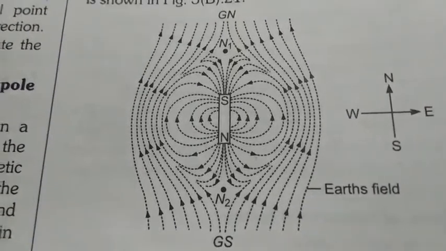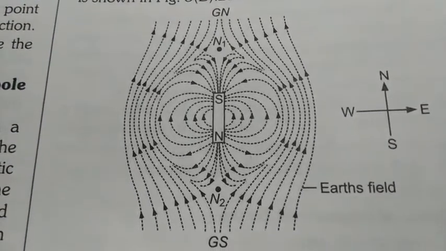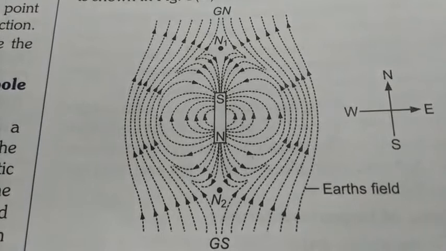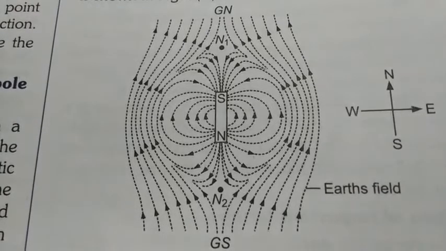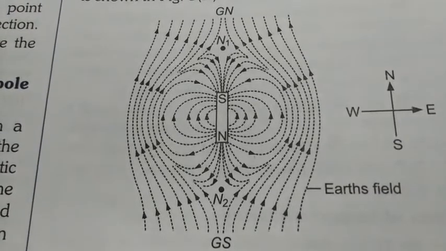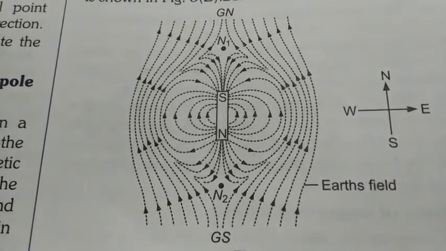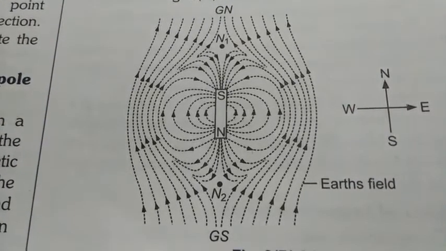By this we can understand that neutral points exist, but they exist at different positions for any magnet. So this is it for today's lecture, and with that we have completed our chapter 5 as well.